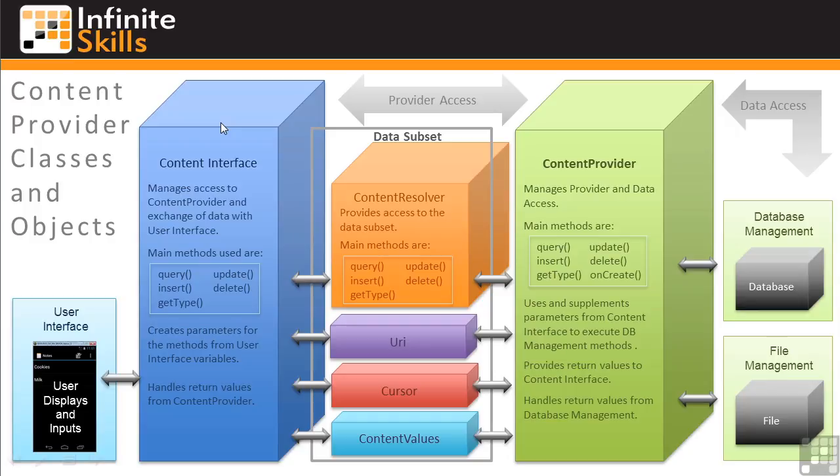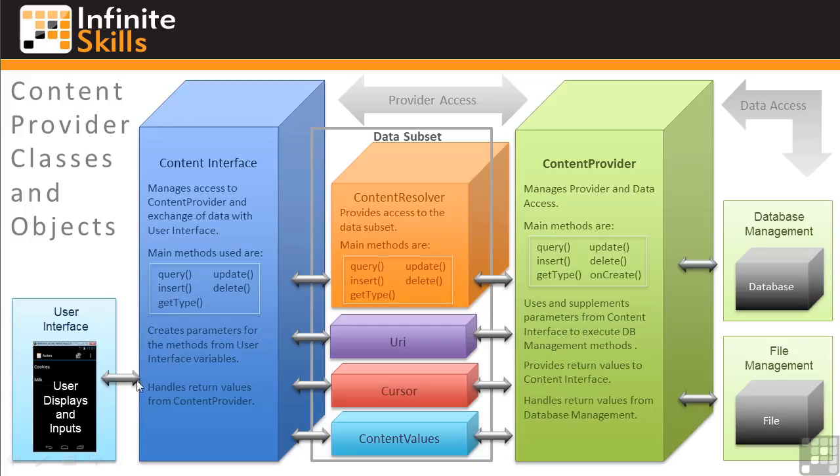This graphic explores more detail about our three groups: content interface, data subset, and content provider. As we discussed in a previous lesson, the chain of events starts in the user interface, which is displaying information and collecting input from the user. The content interface exchanges data with the user interface.